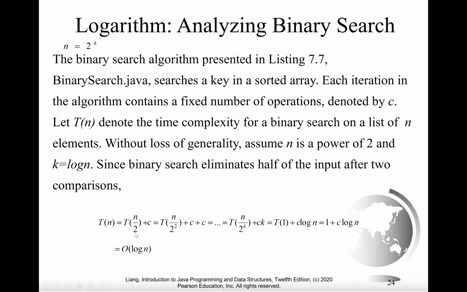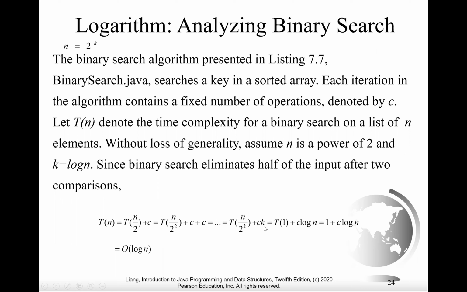That time is constant, C. And now the problem is reduced to the same problem, to perform binary search in half the size of the previous one. And then continue to reduce it, and that's what you see all the way down. Every time the size is reduced by half.